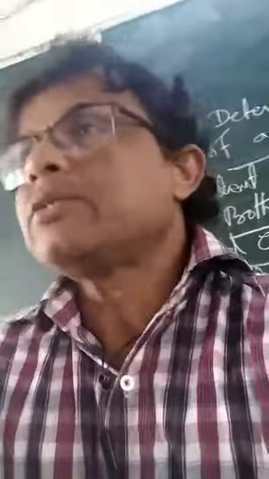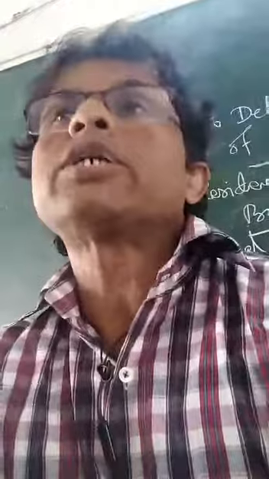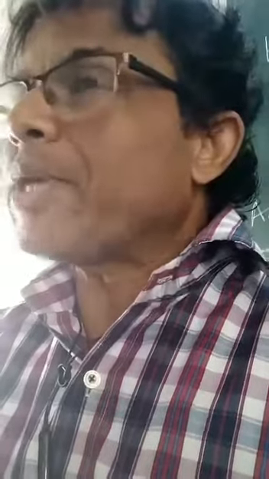Out of the basic conditions, 1 must be fulfilled, and out of the additional conditions, both must be fulfilled. Then he is resident and ordinarily resident in India. Clear? He has to fulfill any one of the basic conditions and then both the additional conditions.